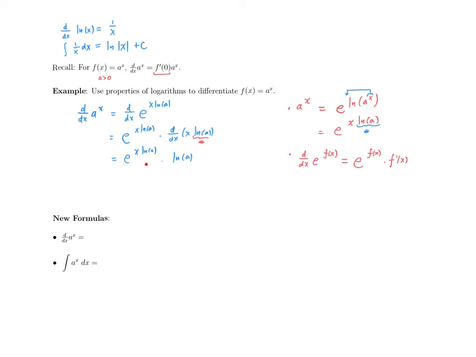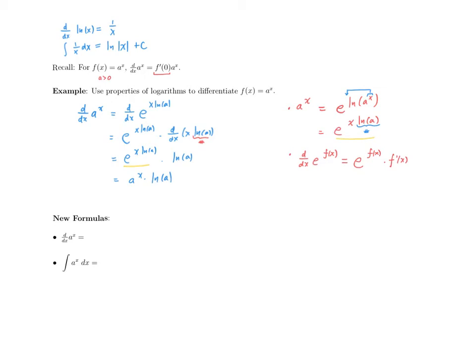Note e to the x natural log of a, that's precisely what our starting point was. E to the x natural log of a is simply a to the x. So we're left with a to the x times the natural log of a.